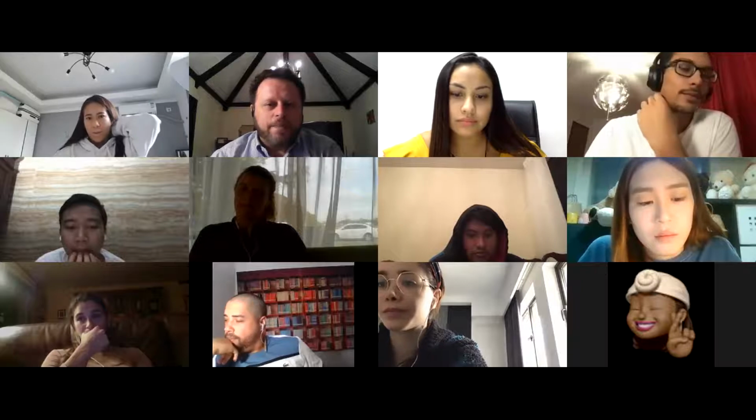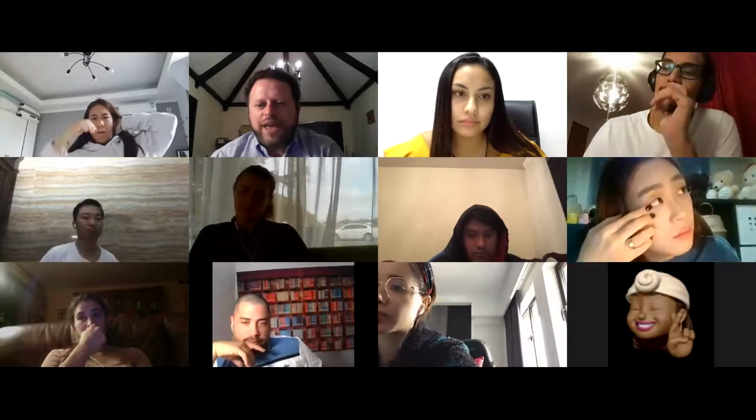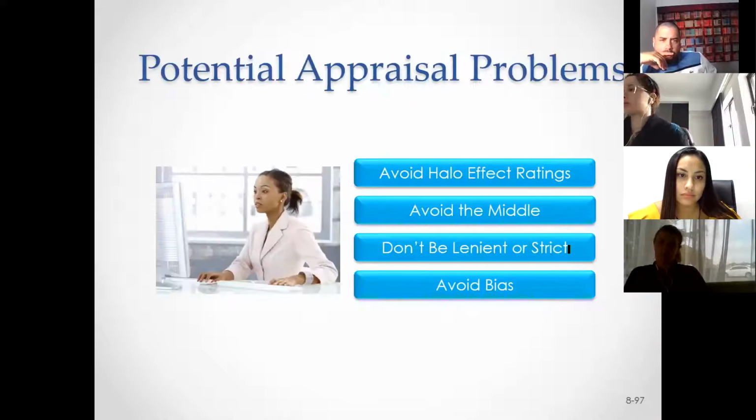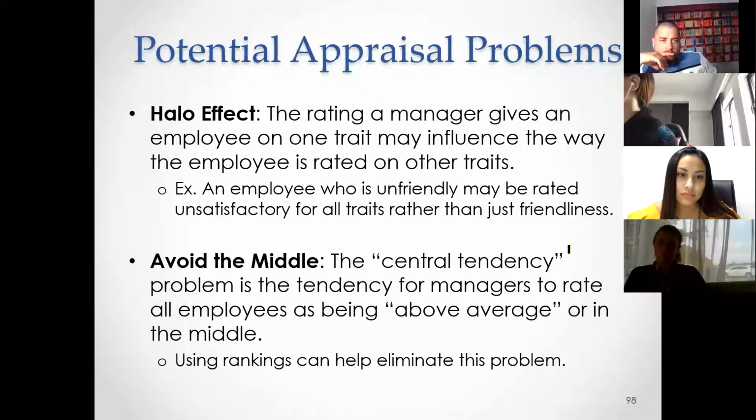And part of the reason they matter is because of the halo effect, right? The halo effect says that when someone has one good quality, it could be for bad also, but usually it's for good. When we say good, I do not mean ethics. I do not mean morals. I mean one desirable quality.